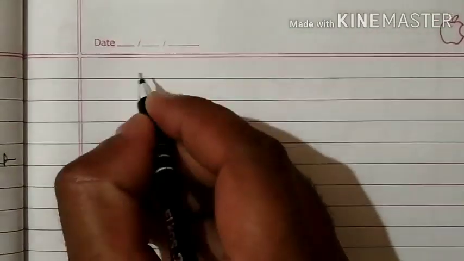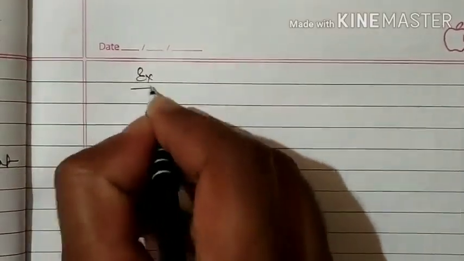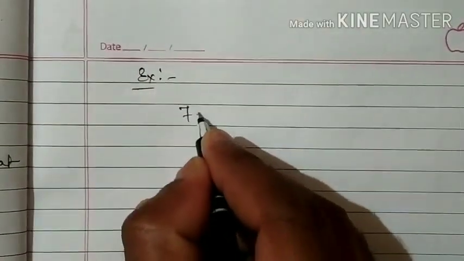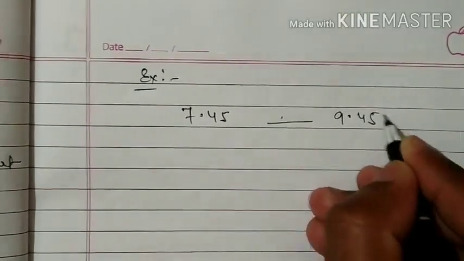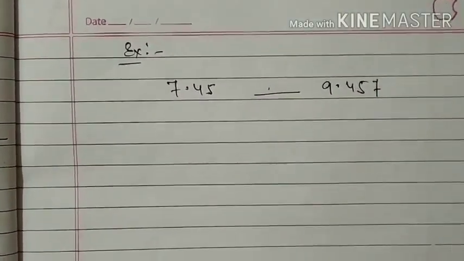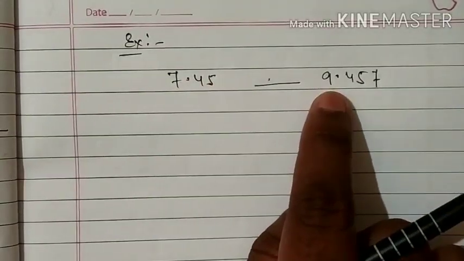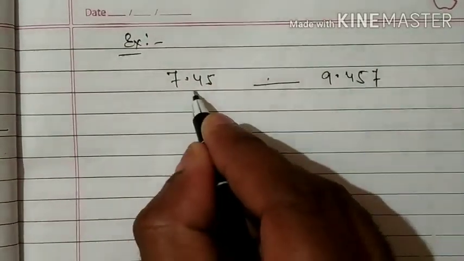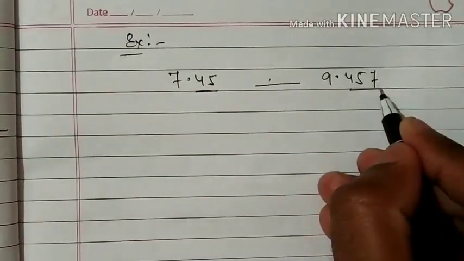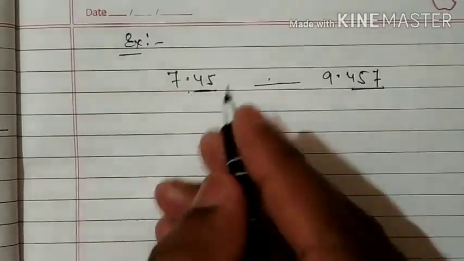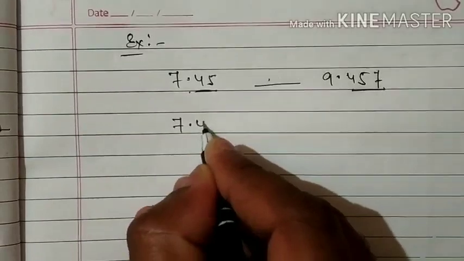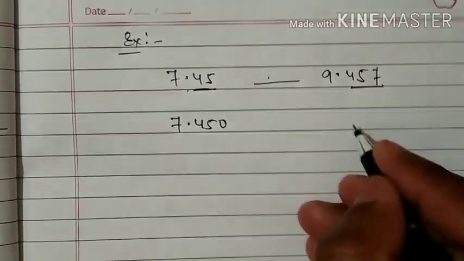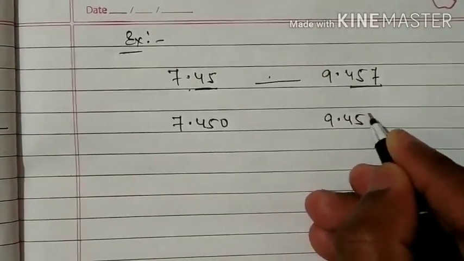Now let's compare. Suppose I have an example of comparison, 7.45 and 9.457. First of all, we will convert these into like decimals. This has 2 places of decimal, this has 3 places. We will convert it into 3 places: 7.450 and 9.457.